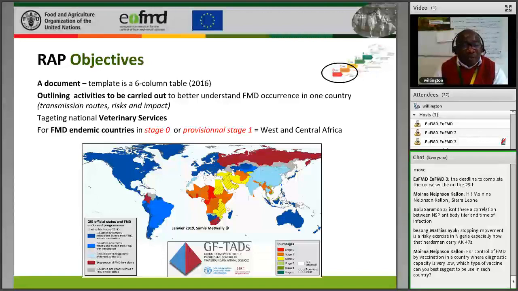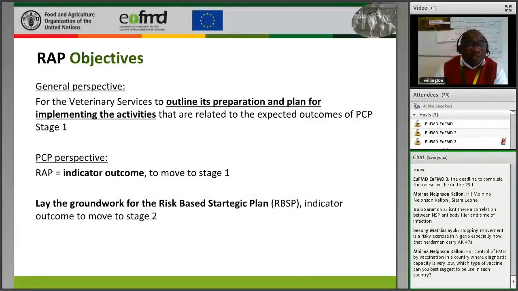On the screen here, you will find a map showing the situation of different countries in West and Central Africa. Those in green are countries in stage 1, which means they have elaborated the plan. The other ones are in provisional stages, and these ones are still at stage 0.